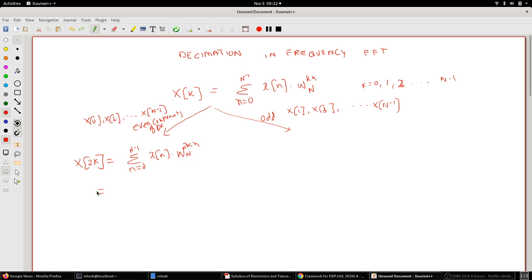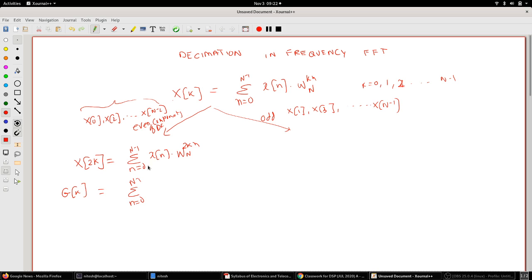All these values I'll group together and give it a name, g of k, which are the even components, x of 2k. So this will turn into summation n equal to 0 to N minus 1.